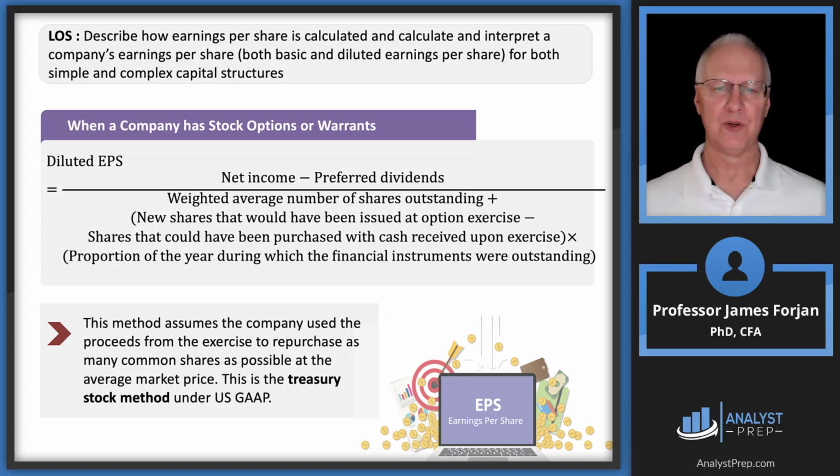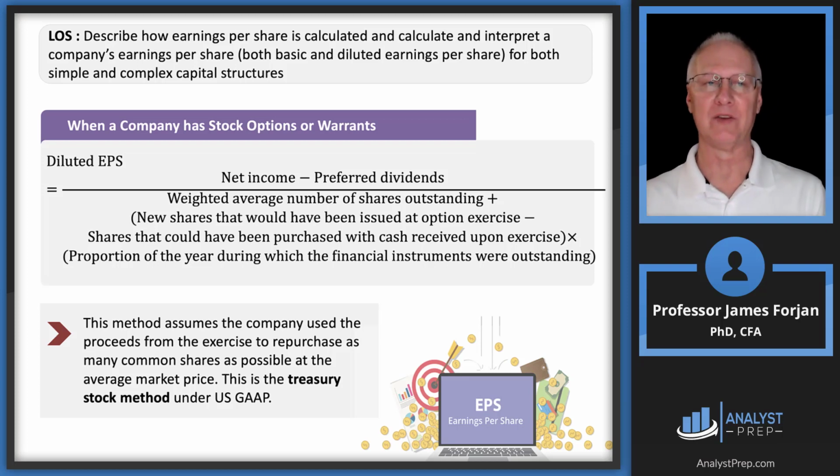Boy, new shares that would have been issued at the option exercise minus the shares that would have been purchased with the cash received. Because remember, the executives, they're buying these shares of stock. So they're not converting, they're actually buying. So the executives pay cash to the firm and they get these number of outstanding shares, which increases the number of outstanding shares. And then we have to adjust it by the proportion there in the denominator. That's why there's the multiplied sign.